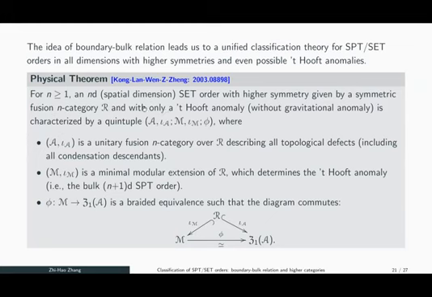And possibly it has a 't Hooft anomaly, but without gravitational anomaly, so it is characterized by the following data. First we need a unitary fusion n-category A. This is the category of topological defects in all codimensions. And also we need the minimal modular extension of R. It determines the 't Hooft anomaly. It is the bulk n+1 D SPT order.